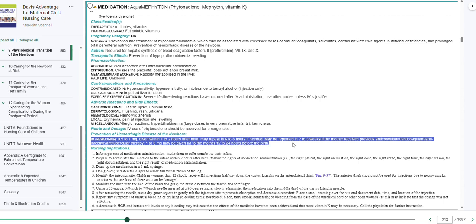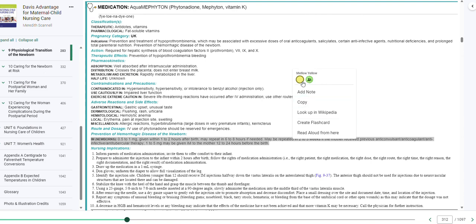It may be repeated, though it's usually not repeated unless there's an issue, but we give 0.5 to 1 milligram of vitamin K IM. Where do we give it? In the vastus lateralis.